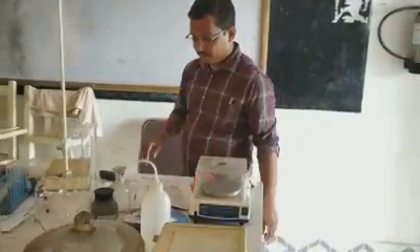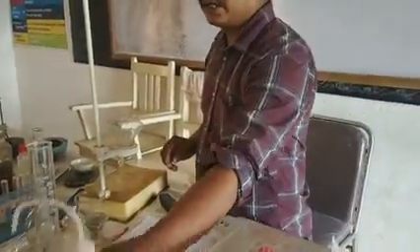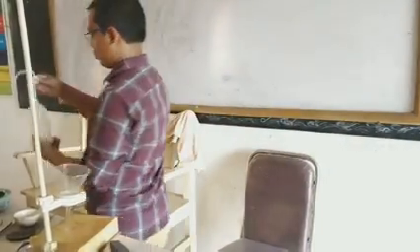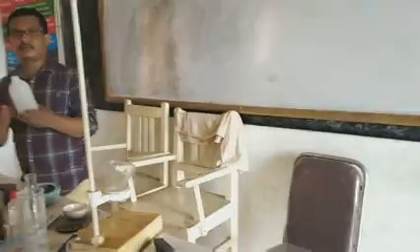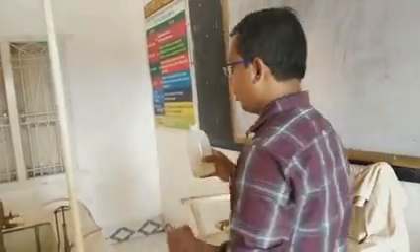Next, if you think about another apparatus, this is said to be a reagent bottle. Here we take water. This is a polythene bottle, said to be a wash bottle.